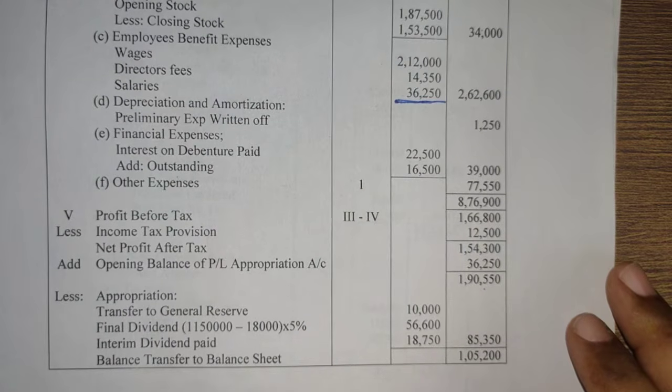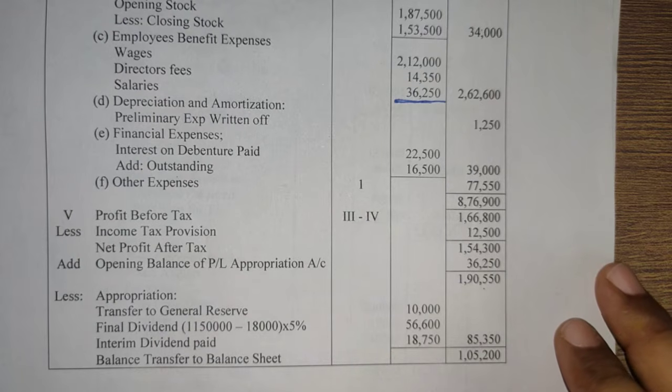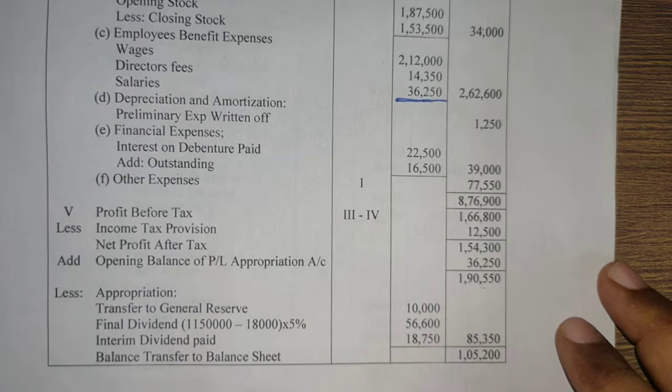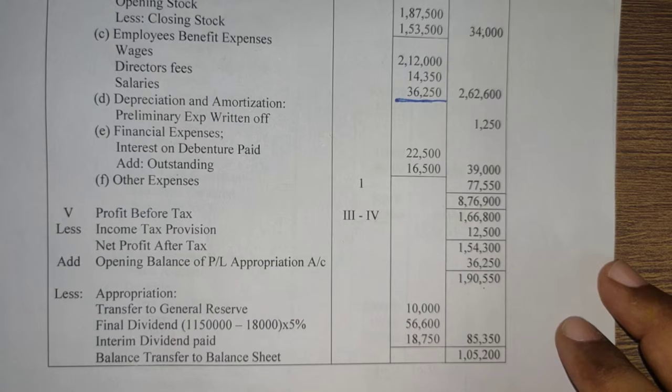Next is depreciation and amortization. As we see in the trial balance, no adjustment is given related to depreciation, but one additional information is given, that preliminary expenses are to be written off. So this is an amortization expense. Amortization and depreciation normally include those items which are required to be written off during the year.